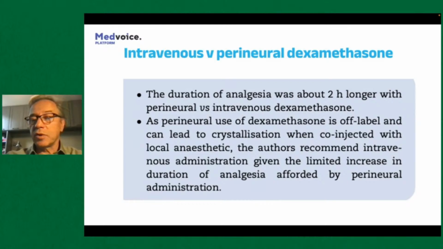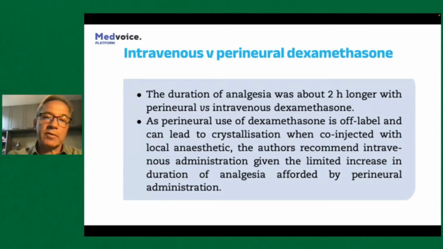However, as perineural use is off-label and can lead to crystallization when co-injected with local anesthetic, the authors actually recommended intravenous administration rather than perineural administration, given the limited increase in duration, only 2 hours, that was for the brachial plexus block, afforded by the perineural administration.